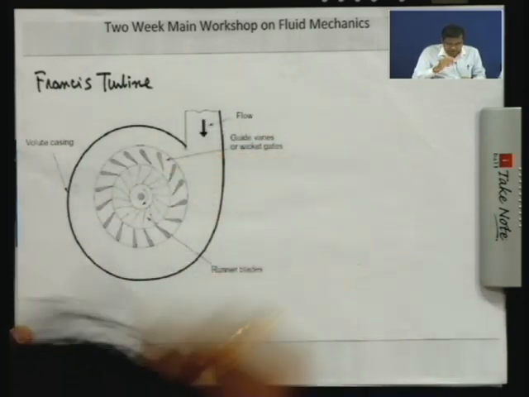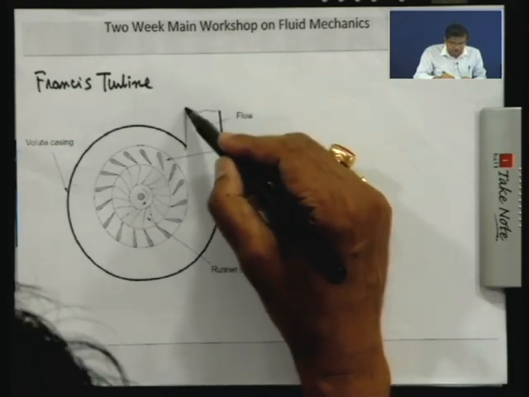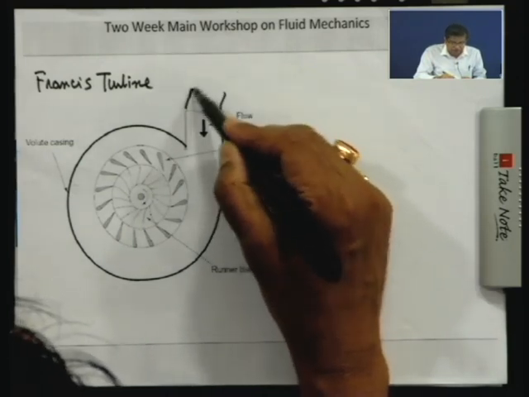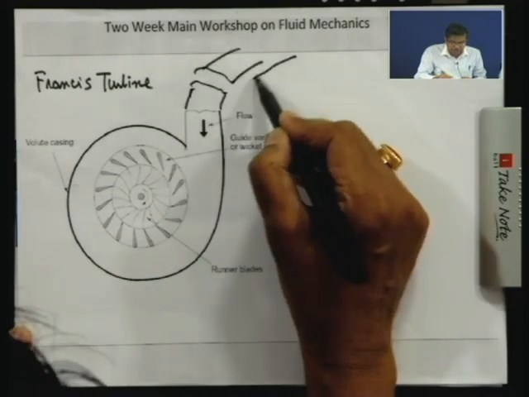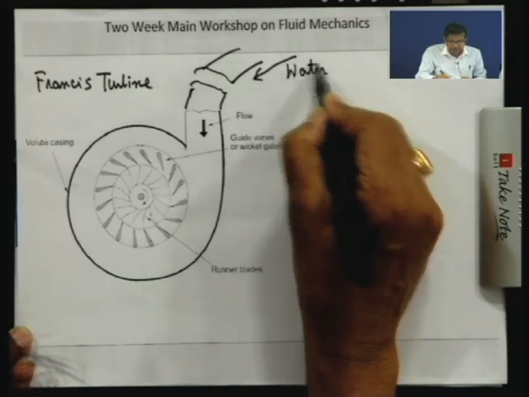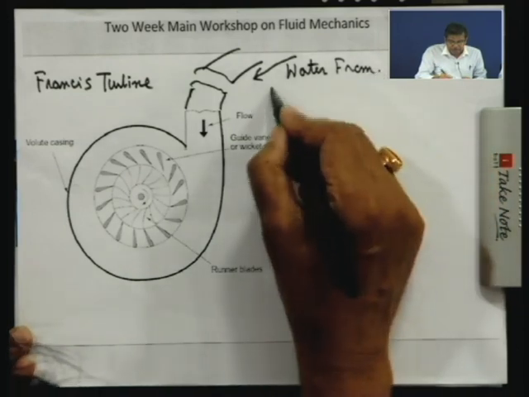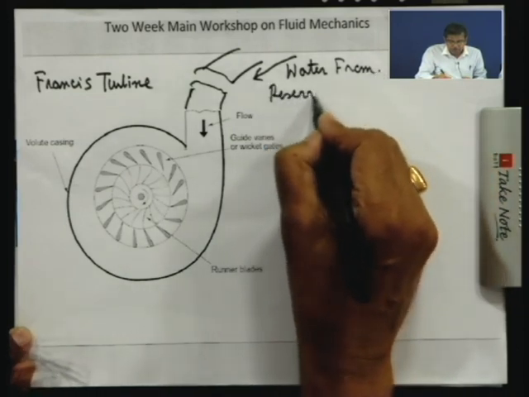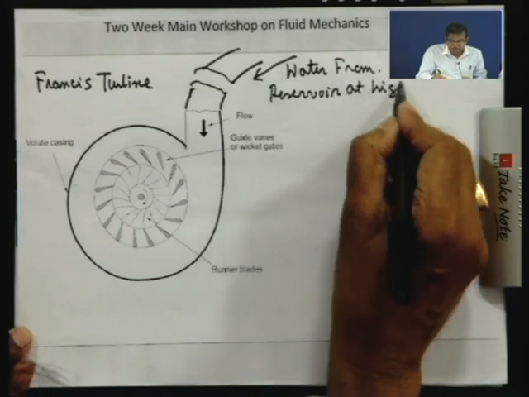Before coming to that, I tell you the water approaches the turbine from a reservoir at high altitude via a long pipeline. That means water is the working fluid for this turbine, coming from a reservoir at high altitude.